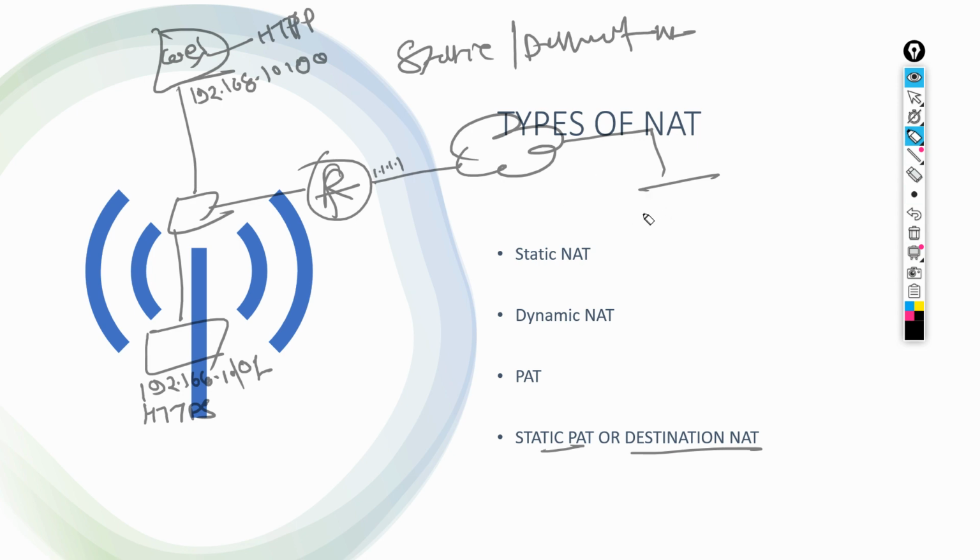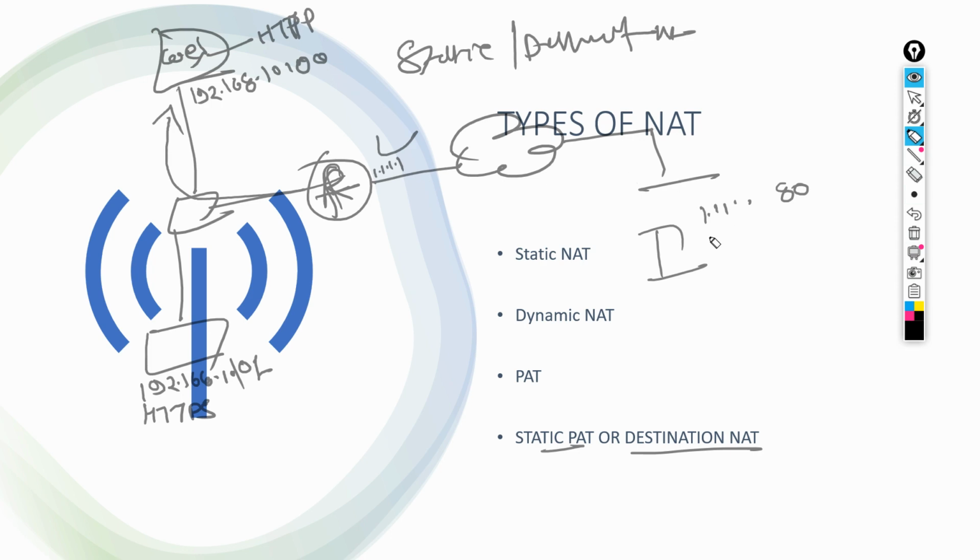So how will it work? We'll tell the firewall: whenever someone sends a request to this public IP 1.1.1.1 with port number 80, which is the port number of HTTP, send the packet to this server.